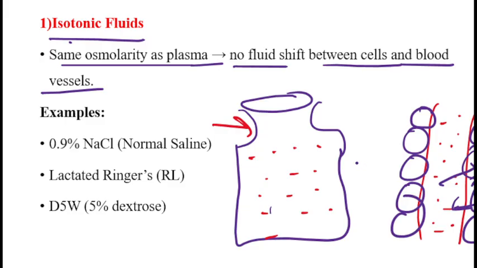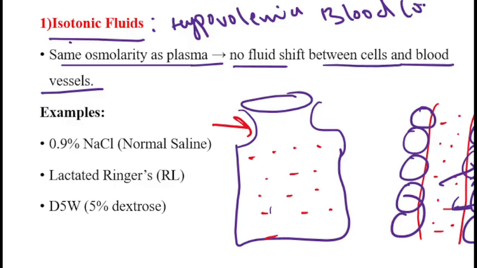So this is the main advantage of these isotonic fluids, and these isotonic fluids are mainly administered in the case of hypovolemia, like excessive blood loss. Hypovolemia is caused by excessive blood loss. It may be due to a road traffic accident, or postpartum hemorrhage, or surgical complications.